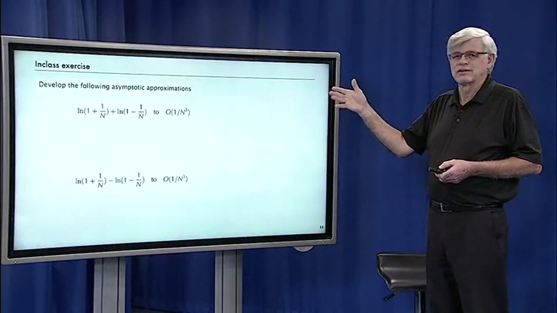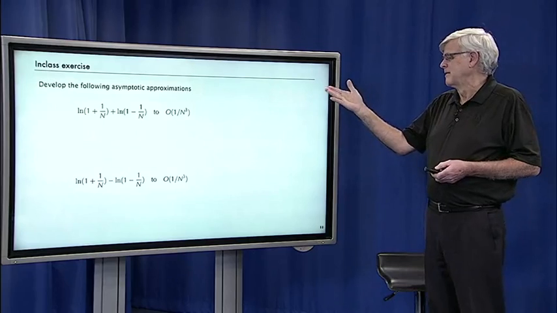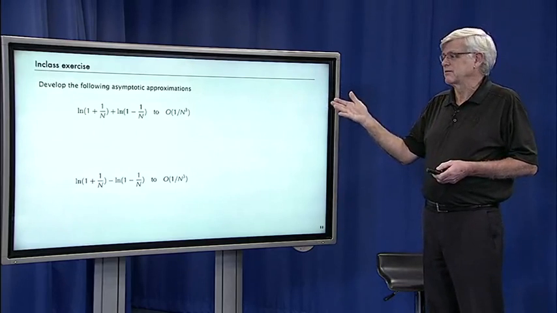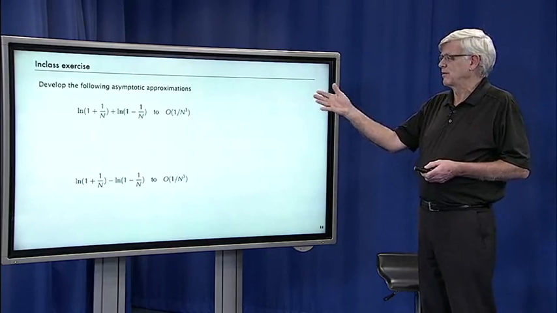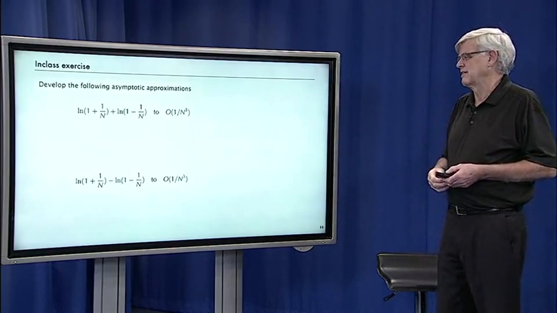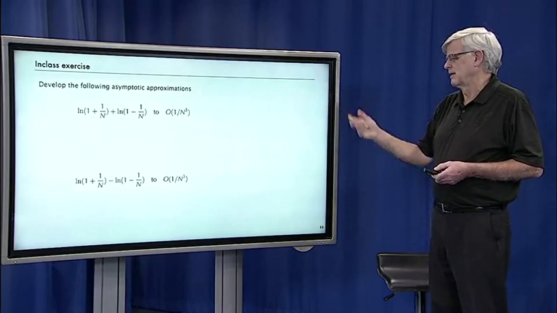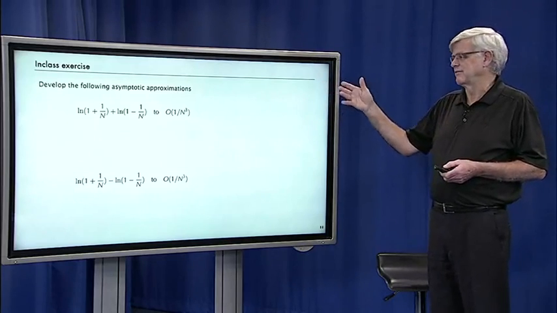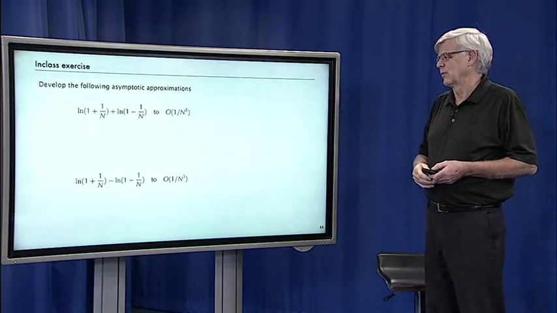Just as getting started, in a problem in asymptotics, we specify the function, and then we specify how accurately we want to estimate it. So these two problems, it's definitely worthwhile just working on them for a second.